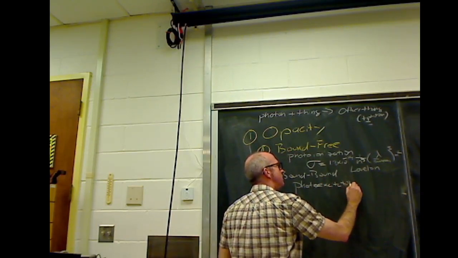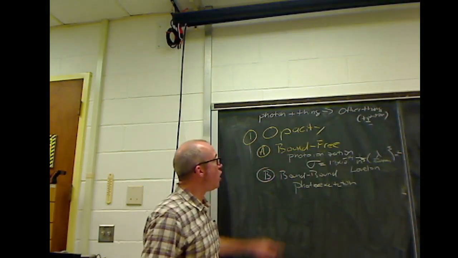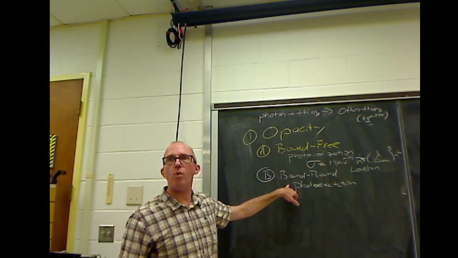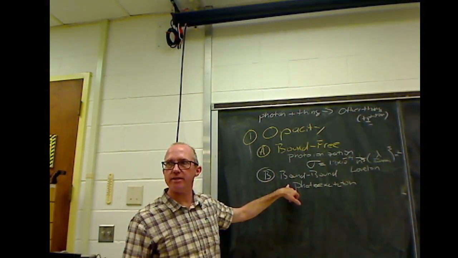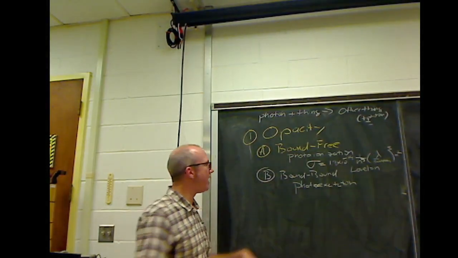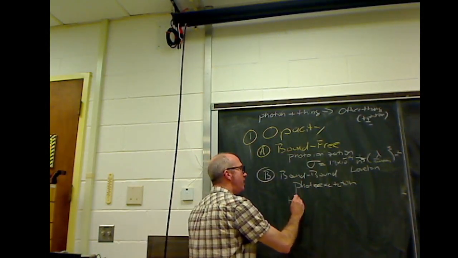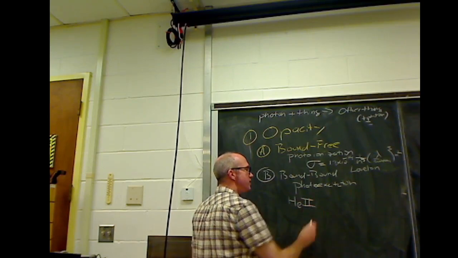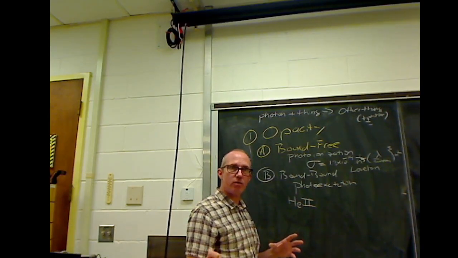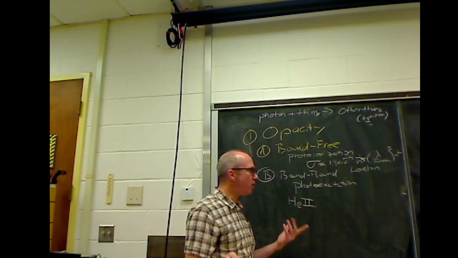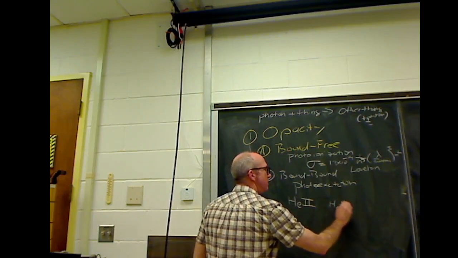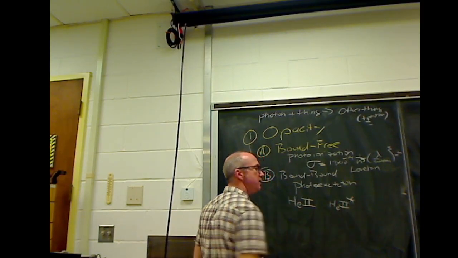So both things are ionized in the bound-bound? No, nothing's ionized here. Or maybe ionized once, but you don't change the ionization state. I can have bound-bound for, say, helium-2. So helium-2 is a helium with one electron removed. So I can have helium-2 go to helium-2 star, which is excited.